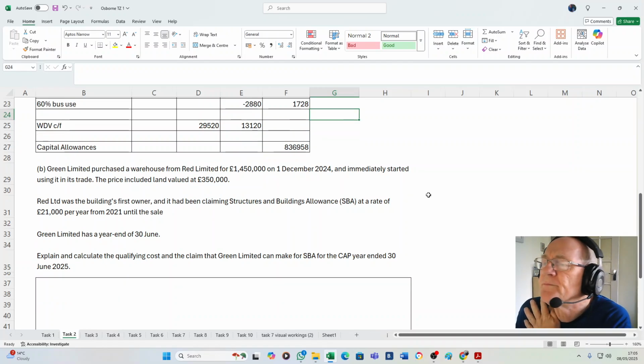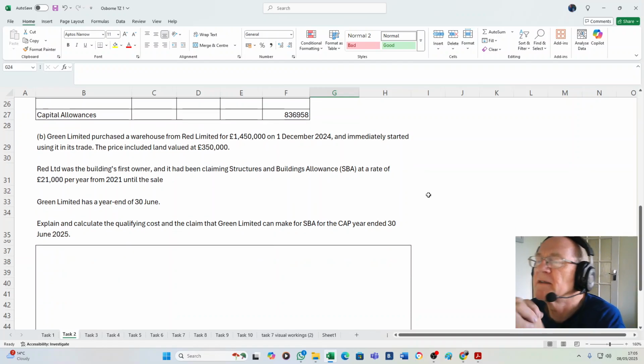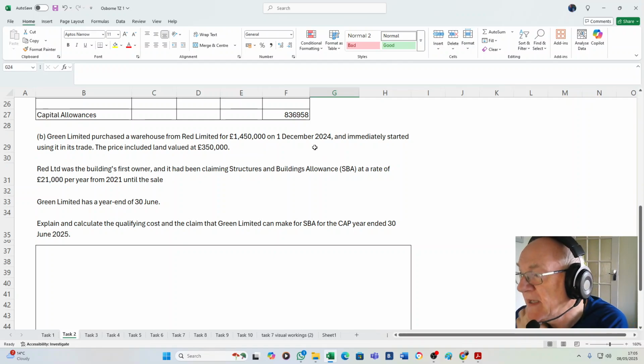Right, so SBA. A reasonably awkward SBA question. Let's just have a look, really carefully. So Green Limited, a warehouse, and Red Limited, 1,150,000. Land, of course, isn't part of SBA, so we know that's only going to be 1.1 million anyway.